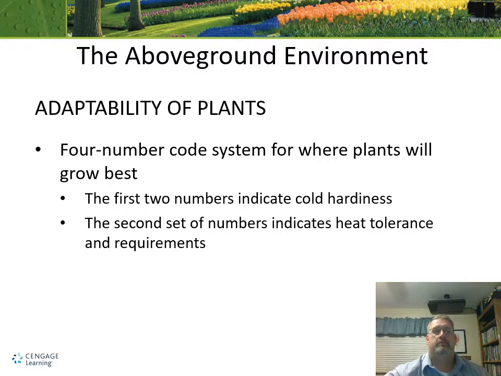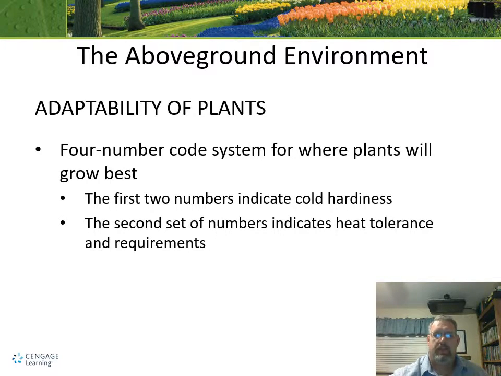Okay, talking about the adaptability of plants. Plants are very adaptable. As I said before, we don't typically worry about how hot it gets. We more worry about how cold it gets. So when we start to pick the correct plant, we want to look at what the cold hardiness of a plant is.